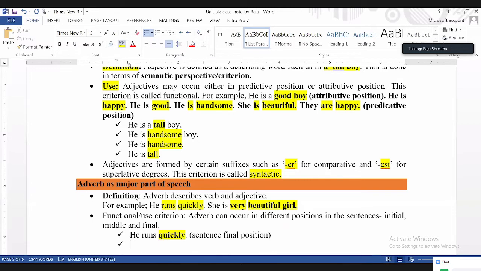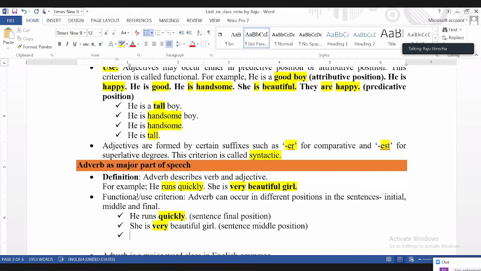Then, she is very beautiful girl; in this sentence it is in middle position. So here very intensifies and indicates the degree; it is an adverb of degree.